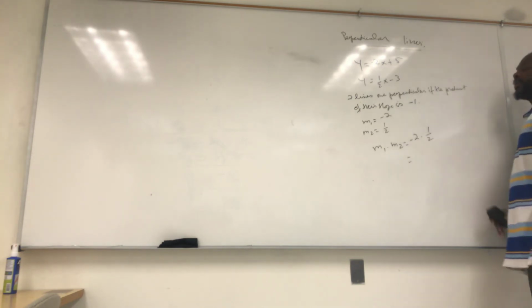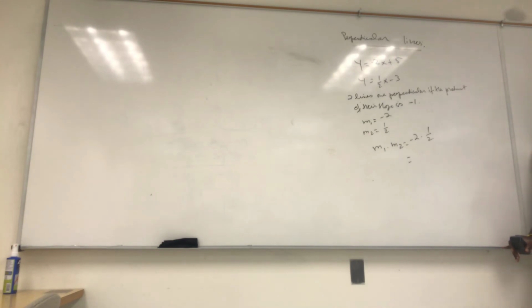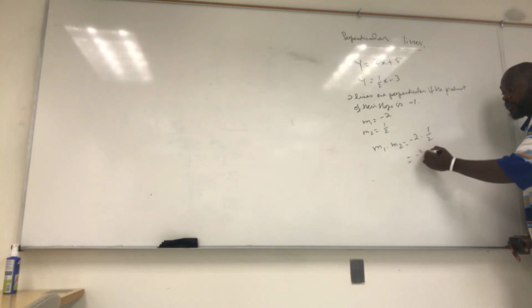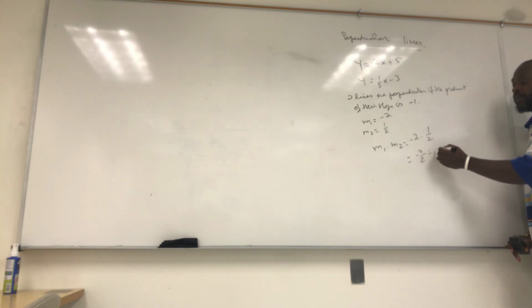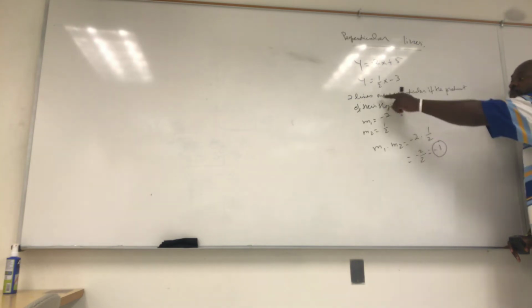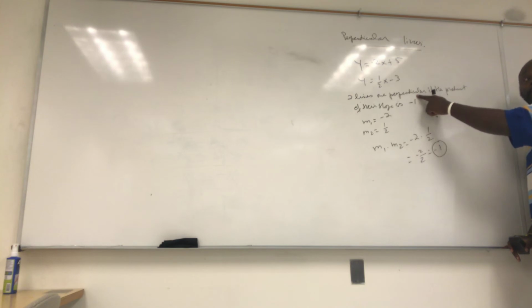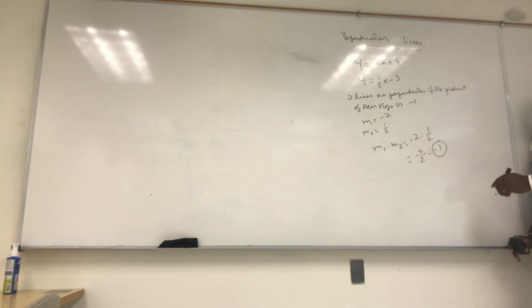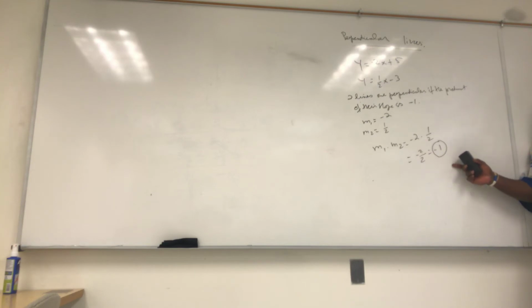What would you get? Remember we did -2/2, right? And that is -1. So since this is -1, we conclude that the lines are perpendicular. If the product of the slopes is -1, then the two lines are perpendicular lines.